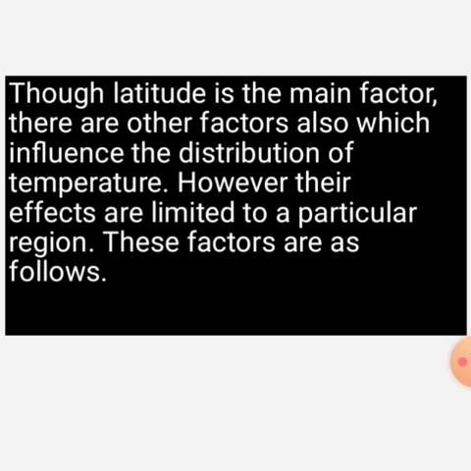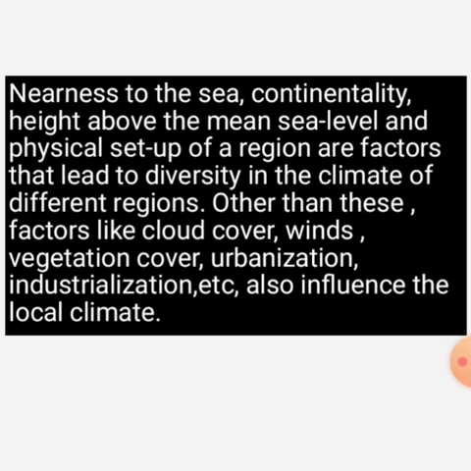Let's see. Nearness to the sea, continentality, height above the mean sea level, and physical setup of a region are factors that lead to diversity in the climate of different regions. Other than these, factors like cloud cover, winds, vegetation, urbanization and industrialization also influence the local climate. Here vegetation means what, students?